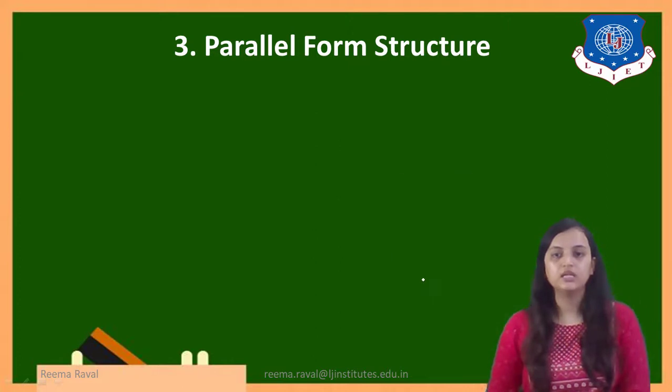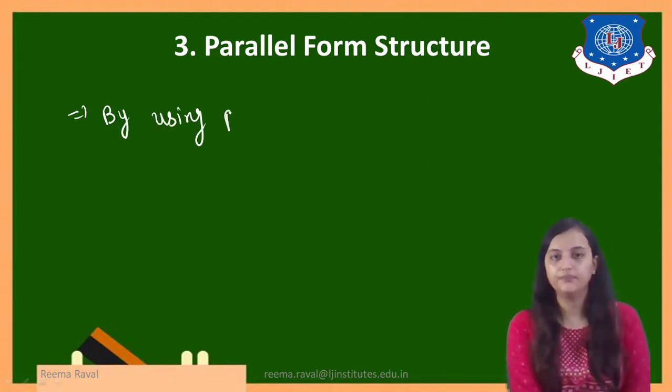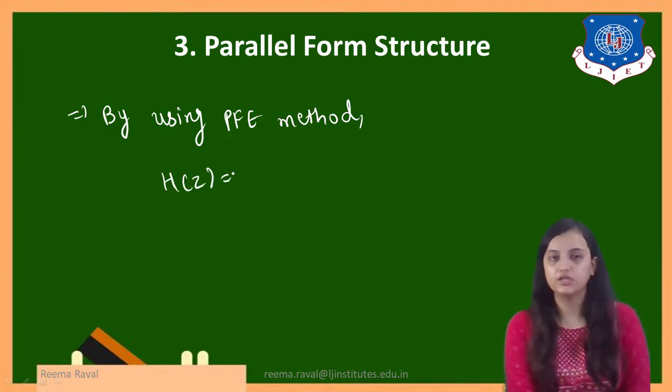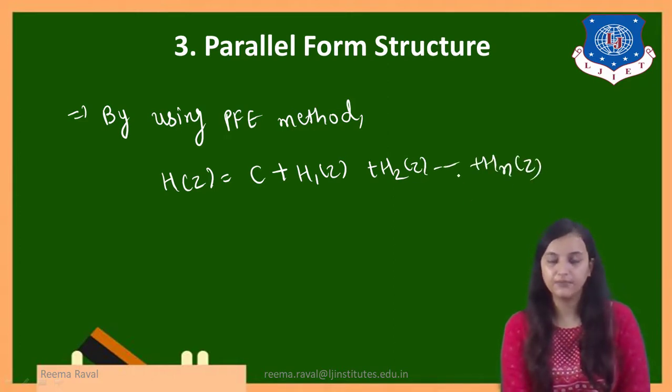That means we use the partial fraction expansion method to find the constant values, so that we can represent the system function H(z) as equal to C plus H1(z) plus H2(z) up to Hn(z), or whatever the number of systems there are.